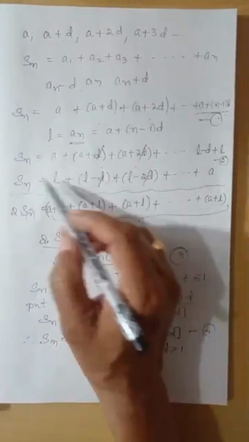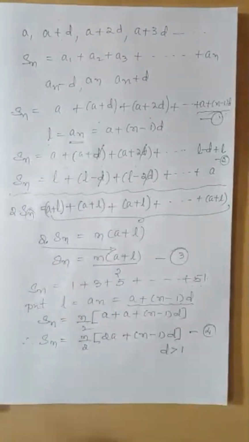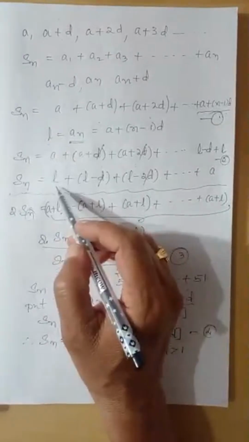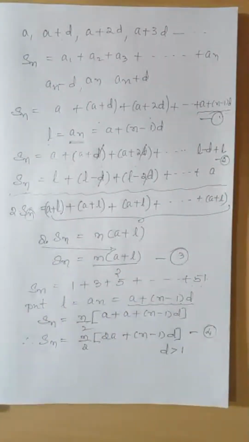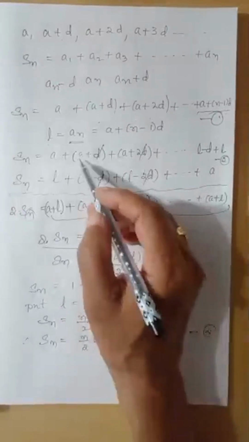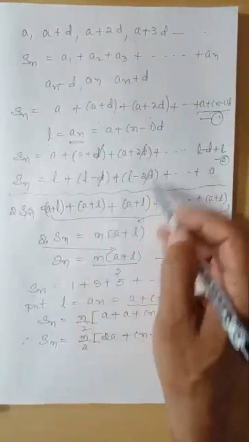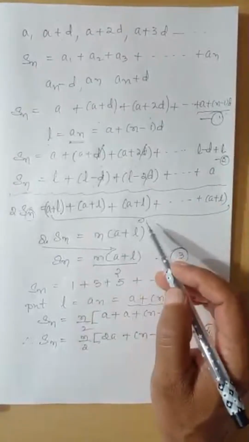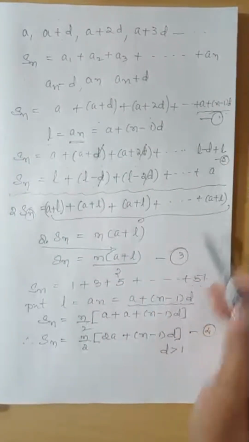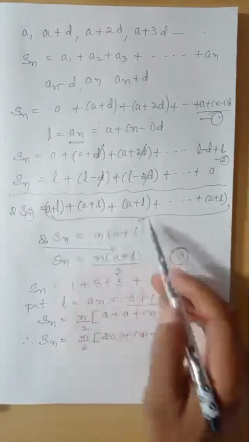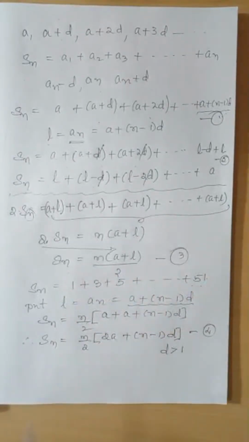Now adding these two equations, the first terms with first terms become 2 times Sn. a and L are unlike terms, you can't add them, so keep them as the binomial a plus L. Here plus d minus d cancel, again a plus L. Here plus 2d minus 2d cancel, again you get a plus L, and so on. In the last, adding L and a, again a plus L. How many times is it? n times, depending on the number of terms taken.